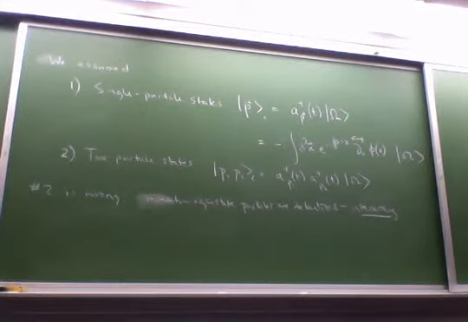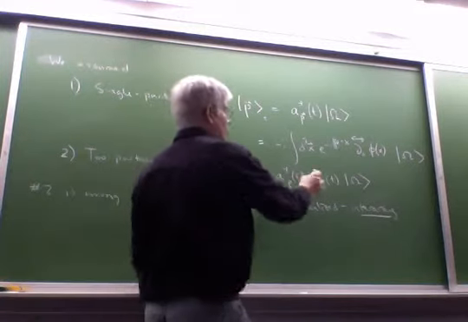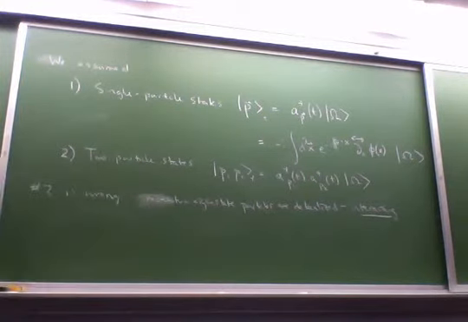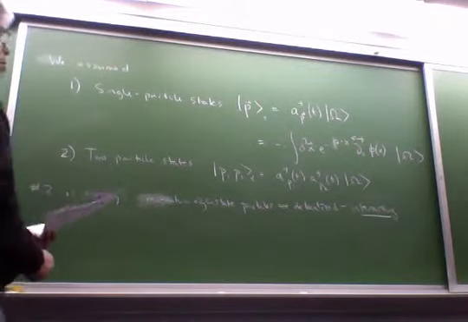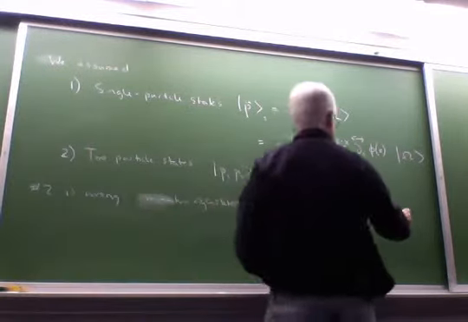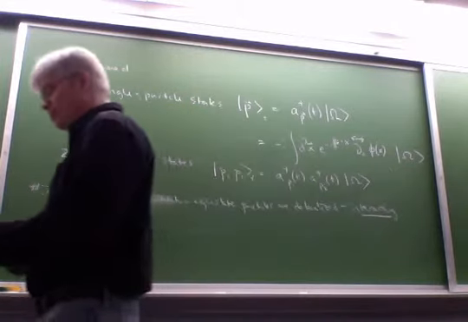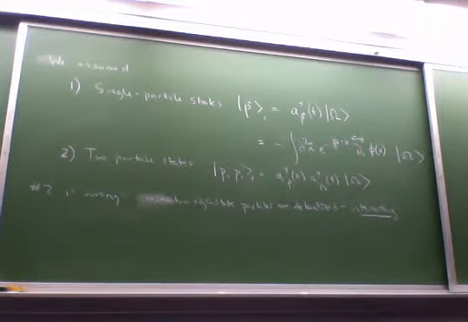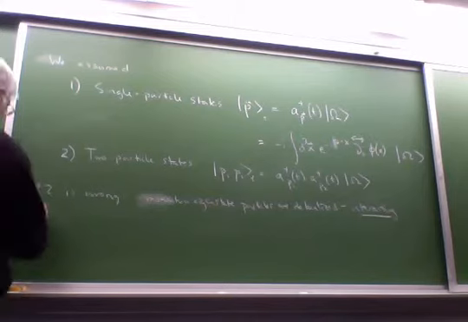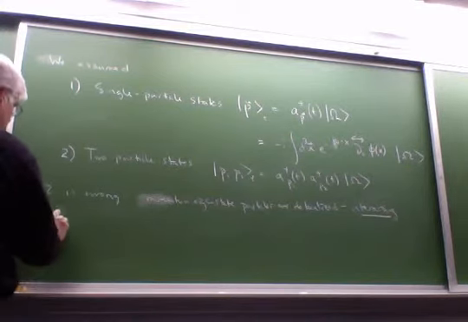And you can't speak of them as being separated, and there's no reason to expect the two-particle state will be simply made out of one-particle creation operators like this. So the way we solve that problem is to introduce wave packets. Fix it.